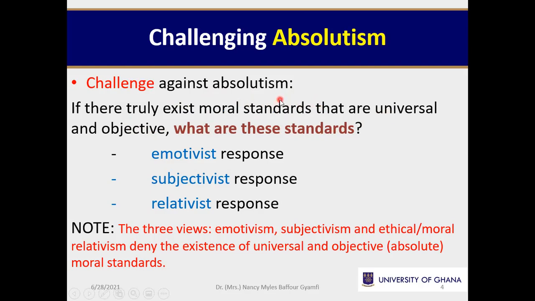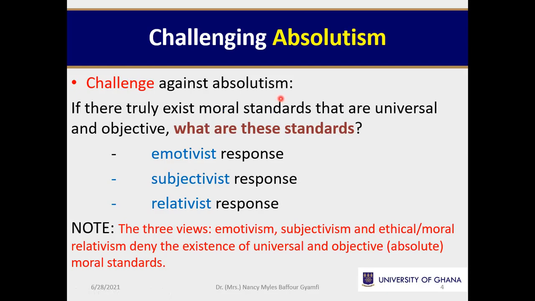The concern is, if there truly exist such moral standards that are universal and objective, what are these so-called standards? What is this universal standard that transcends culture, gender, race, sexual orientation, religious background, etc., etc.? What are they? So it is like, show me the universal moral standards that you claim.